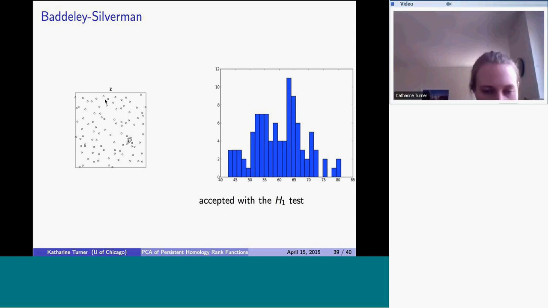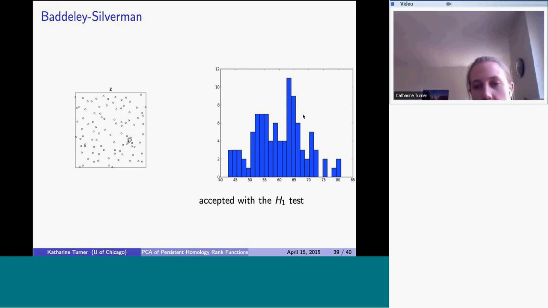The distribution of pairwise distances will be the same as binomial. So you would never be able to tell just by looking at the distribution of pairwise distances whether or not it was completely spatially random. I think you can tell the difference if you look at triples, but not just pairwise.